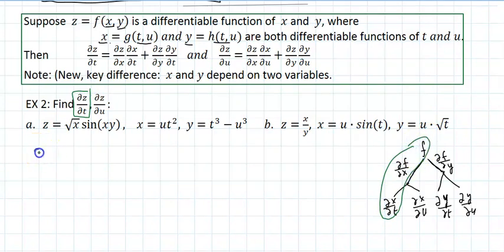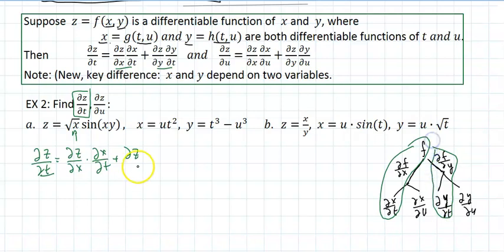So here you're going to say the partial of z with respect to t is going to be, and it's all partial derivatives, the partial of z with respect to the first variable, x, times the partial of x with respect to t to match, plus the partial of z with respect to y, and you take this route, times the partial of y with respect to t, because that's all they want.